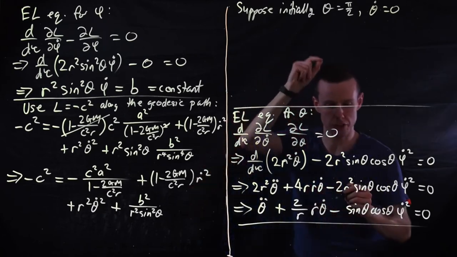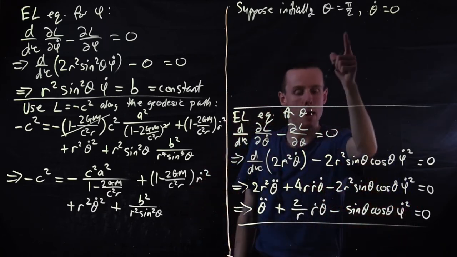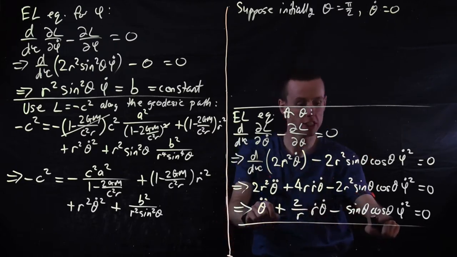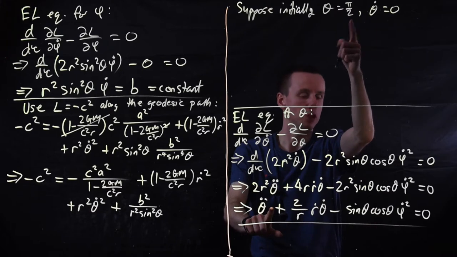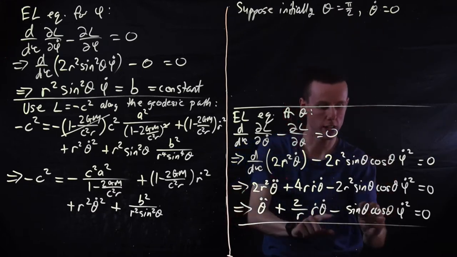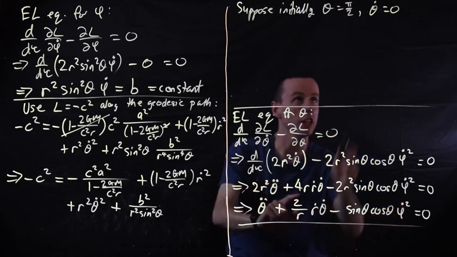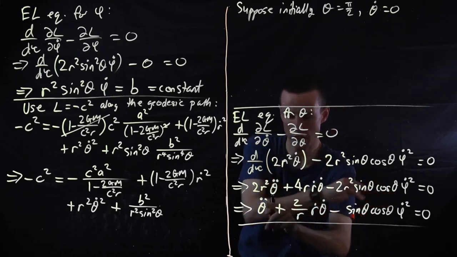So initially at least that first derivative of theta is 0. But then if you look at the geodesic equation for theta, you will find that initially if theta equals pi over 2, then cosine theta is 0, and initially theta dot is 0, so you get from the geodesic equation that initially theta double dot is 0.